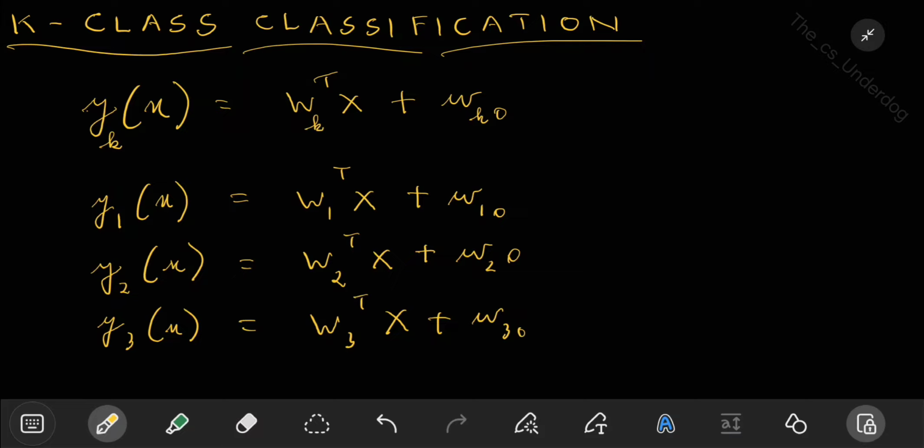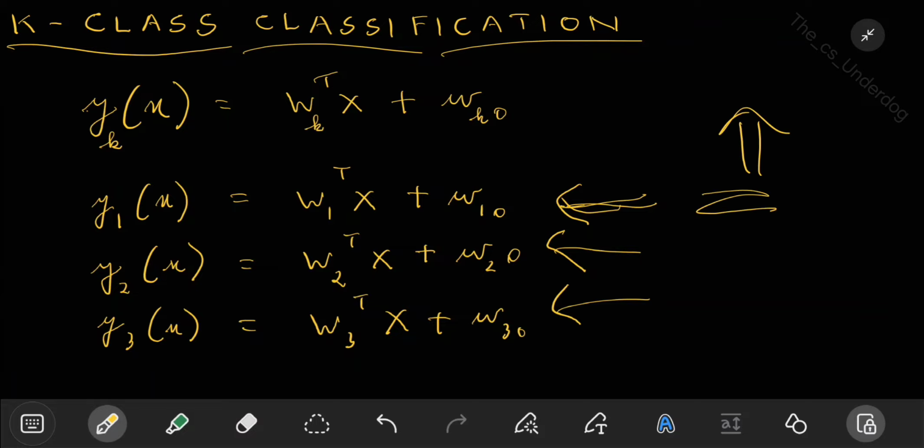So the technique that we use this time is that each of these discriminant functions corresponds to the class numbered by them. That is, this one will correspond to class 1, this is for class 2, this is for class 3 and so on. So whichever discriminant function has the highest value, that is the class you will choose for this particular data point.